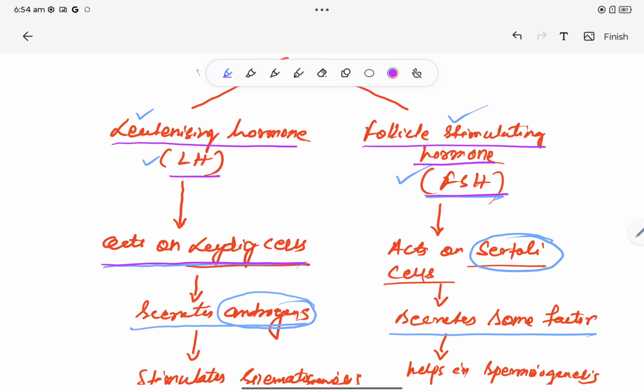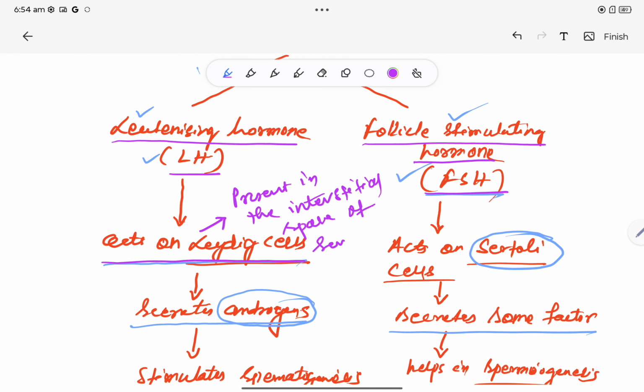It is present in the interstitial space of the seminiferous tubule. Now this Leydig cell, when it is stimulated, it secretes androgens.